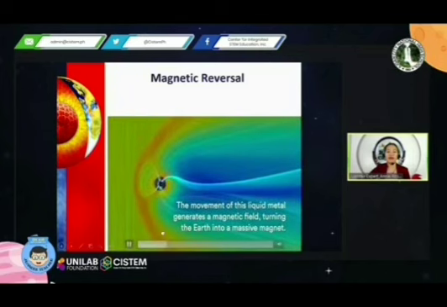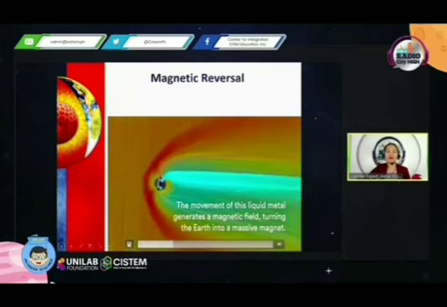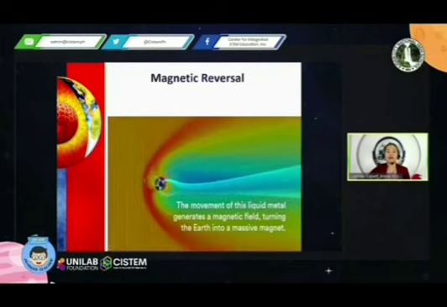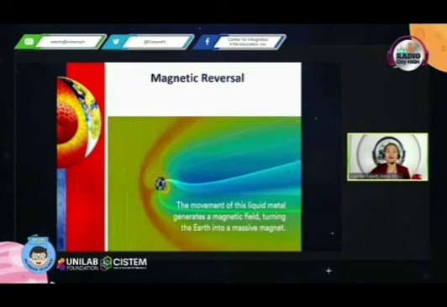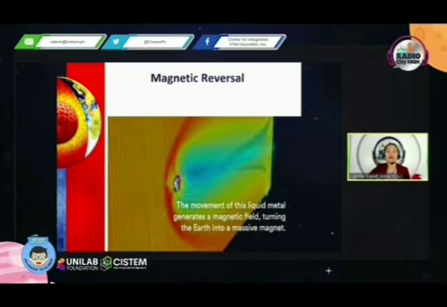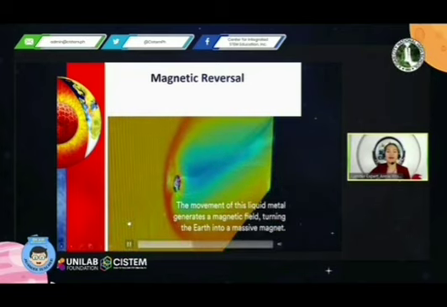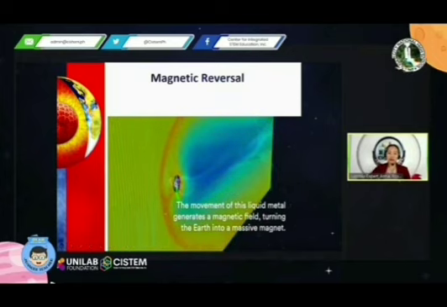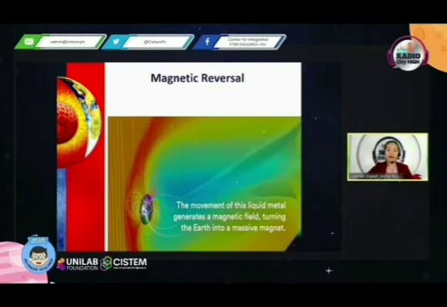And the movement of that liquid metal generates a magnetic field, which essentially turns the Earth into one gigantic magnet. Now, the fact that the Earth is a magnet and has a magnetic field is very important for a lot of different reasons, which we won't get into in this video, but it's important that you know the Earth essentially is a magnet. And just like a magnet that you would play with, it has both a north and a south pole that behave a little bit differently and are detectable.